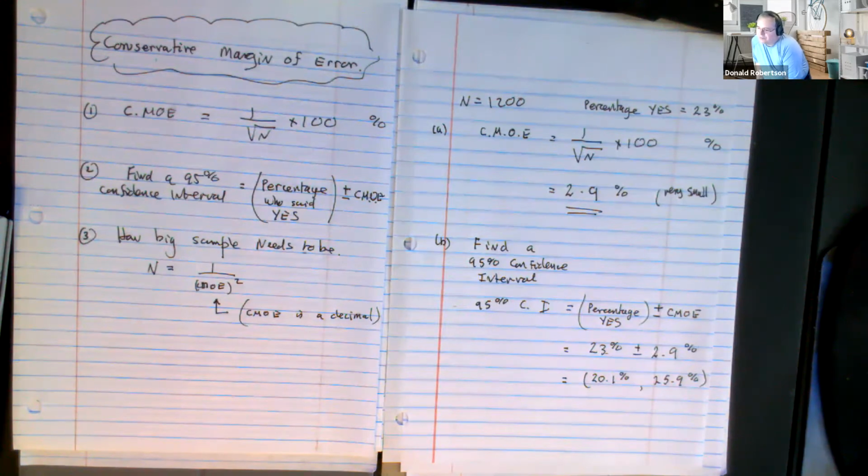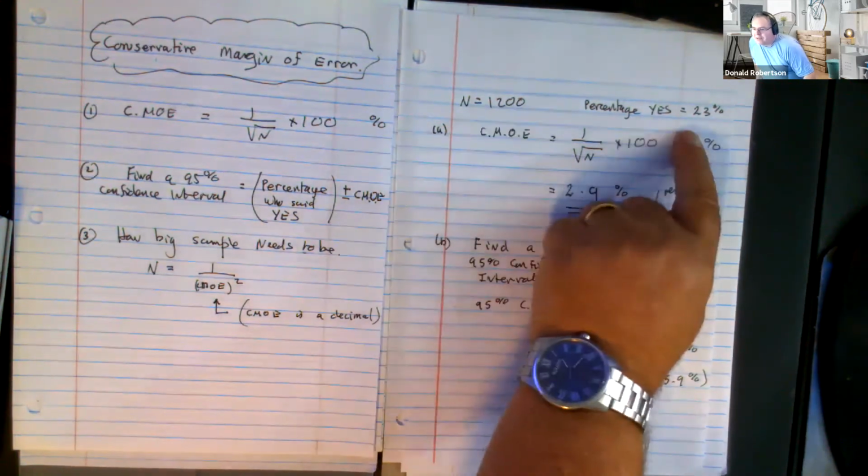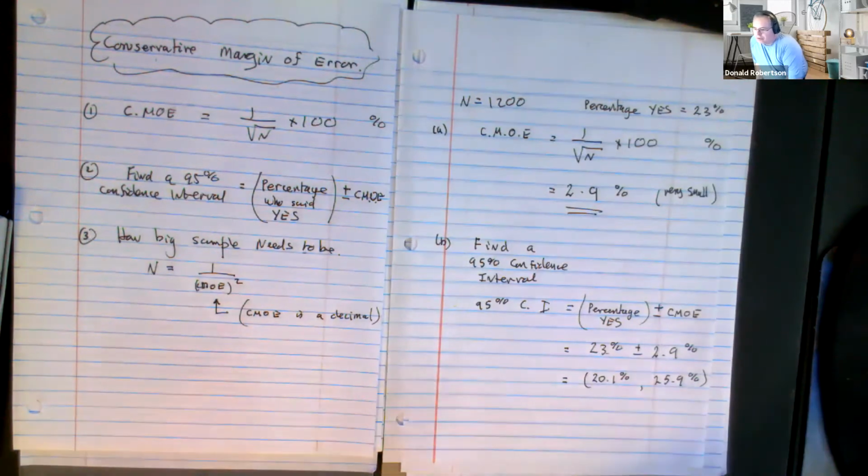I mean, in real life, couldn't I do another sample? In fact, if I did another sample of 1,200, would you expect every single time I get 23%? If I asked 1,200 different people, would you agree it would change a little bit every time? You'd expect that, just normal variation. So you can't be sure. Couldn't I just be really unlucky and got a lot of people who've been to Scotland?